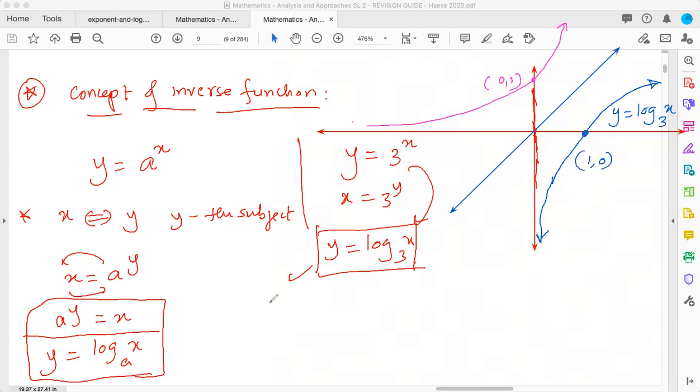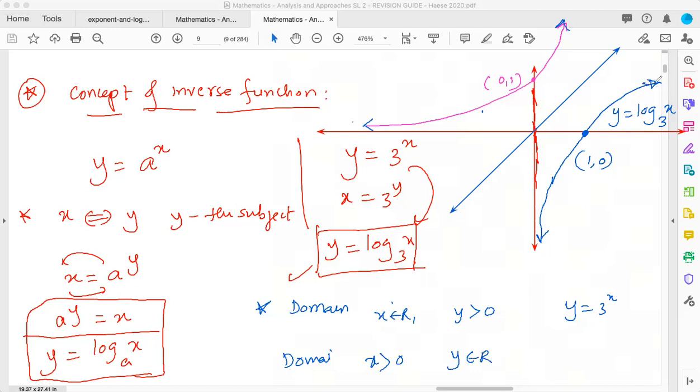Now, just quickly talking about the domain and range. The domain of the first function, y equals 3 to the power x, is x belongs to real numbers, and the range is y more than 0. For the log function they interchange, so x is more than 0 and y belongs to real numbers.